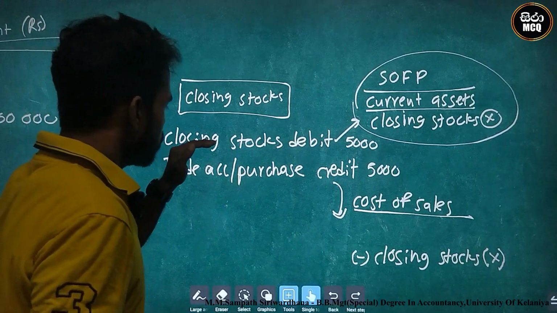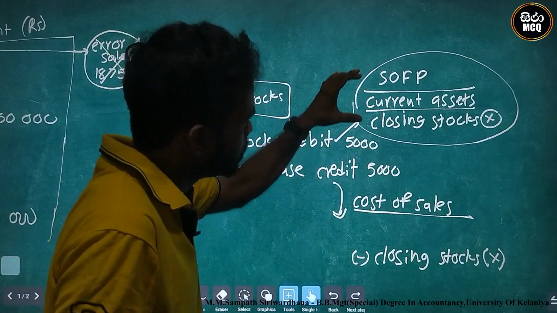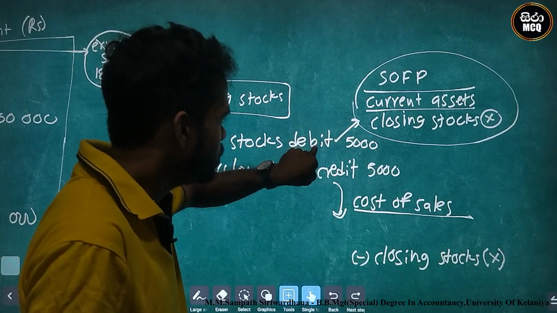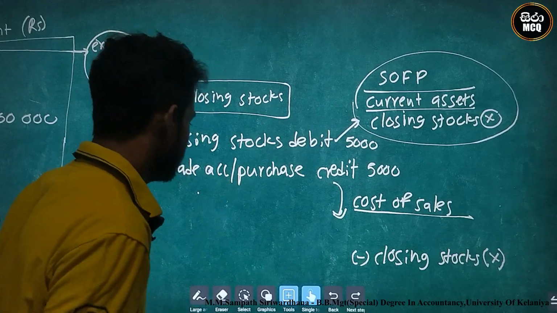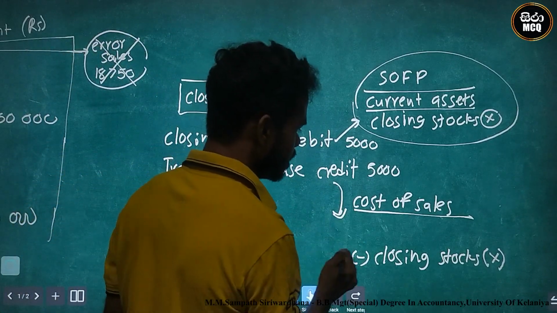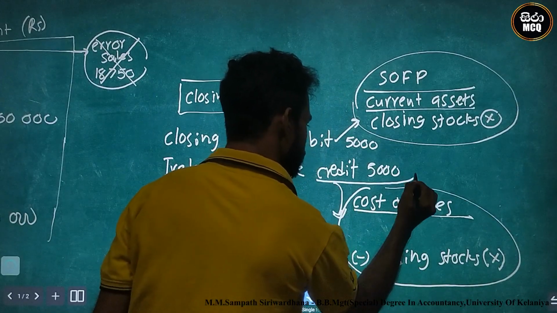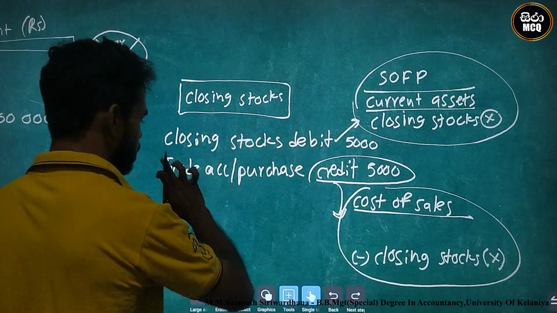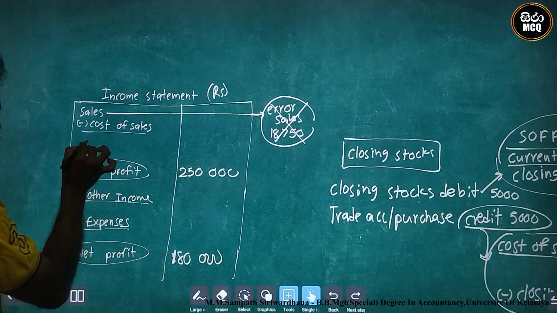Closing stock debit has an impact on the statement of financial position, because it is a debit and its destination is the statement of financial position. But the trade account, purchase account credit of 5,000 has an impact on cost of sales.